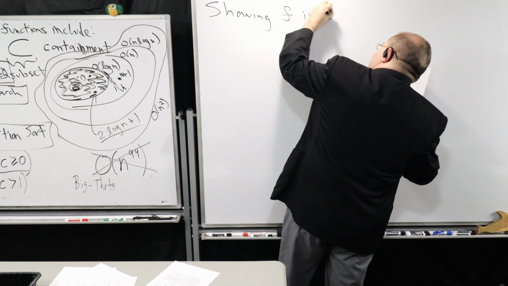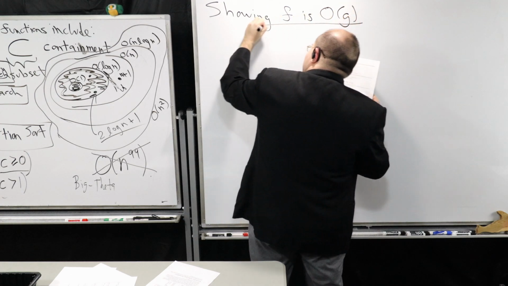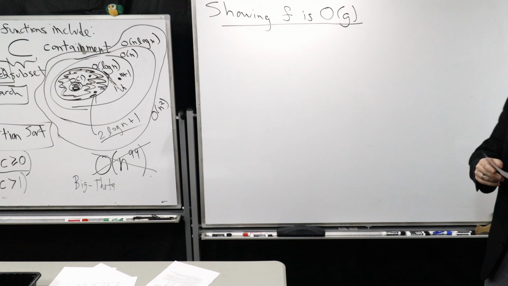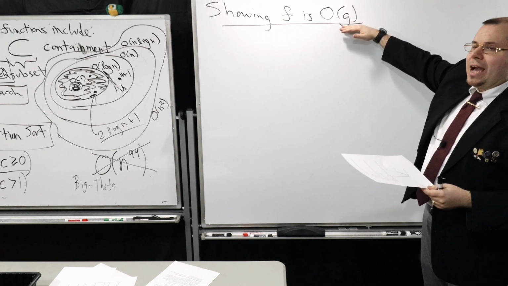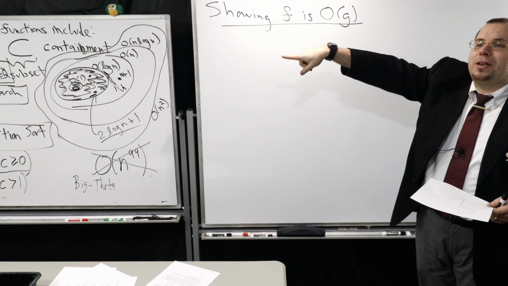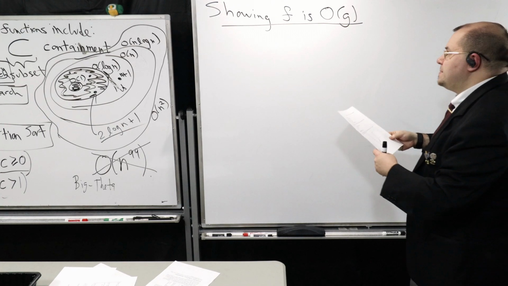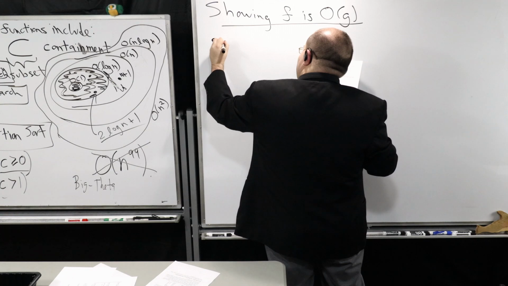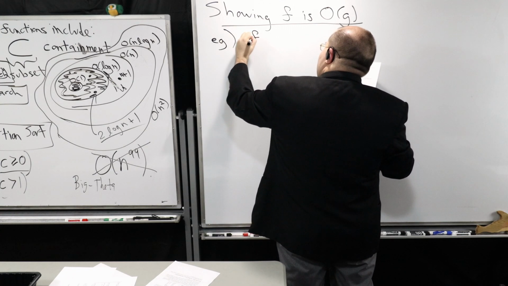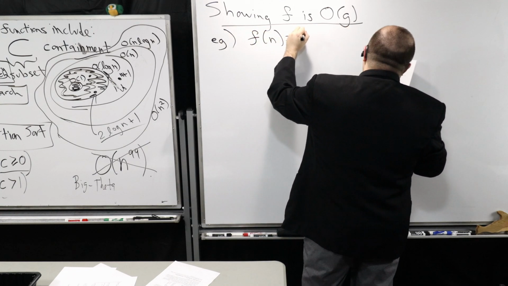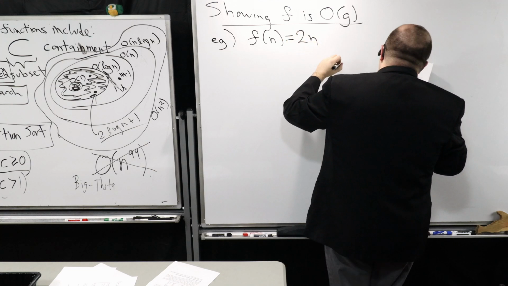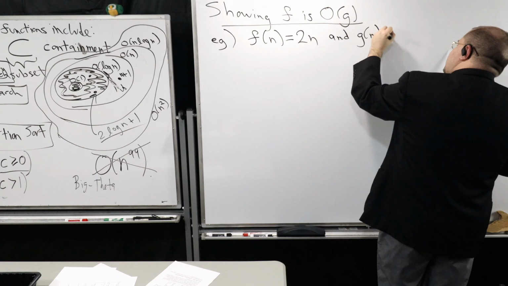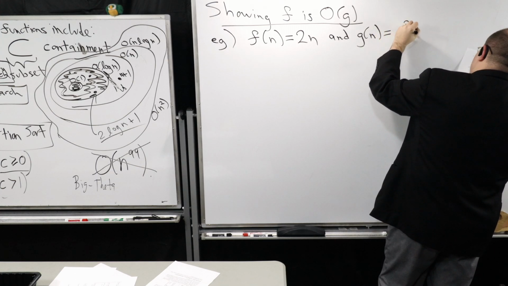So let's talk about showing f is big O of g. Suppose I give you some function, and I want to know if it's big O of g, where g is the ideal function I want to categorize it into, for example, from one of those over there. Let's consider an example. Suppose that f is 2n, and g is n squared.